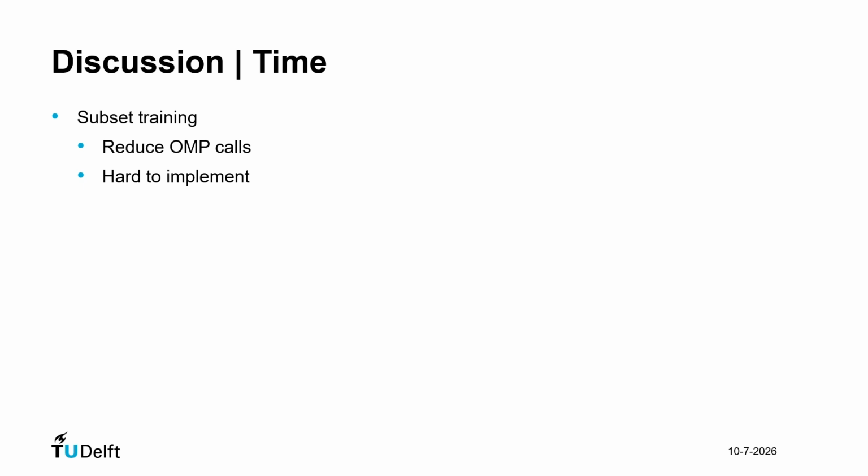A possible way to improve the time is by doing subset training, where only a subset of all of the blocks are used in the training of the dictionary, which would reduce OMP calls, which are the most time consuming, along with the other computations. But it might be hard to implement because our current method, especially the image update step, requires the sparse representation of all the blocks to edit it.